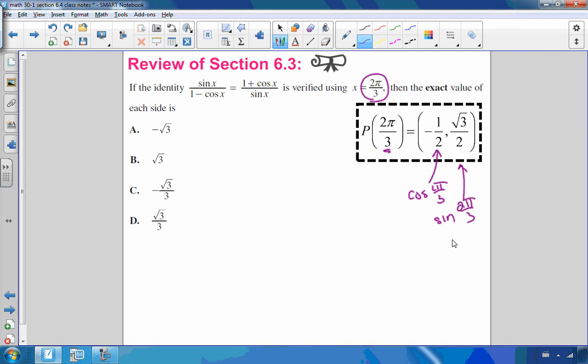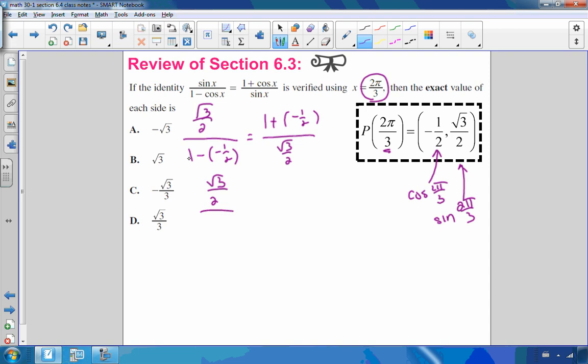And then we just plug it in and do some number crunching. So sine of x, root 3 over 2, over 1 minus cos of x should be equal to 1 plus cos of x over sine of x. Okay, so I have a whole bunch of 2's going on here. Let's just simplify first before I get rid of all my fractions.